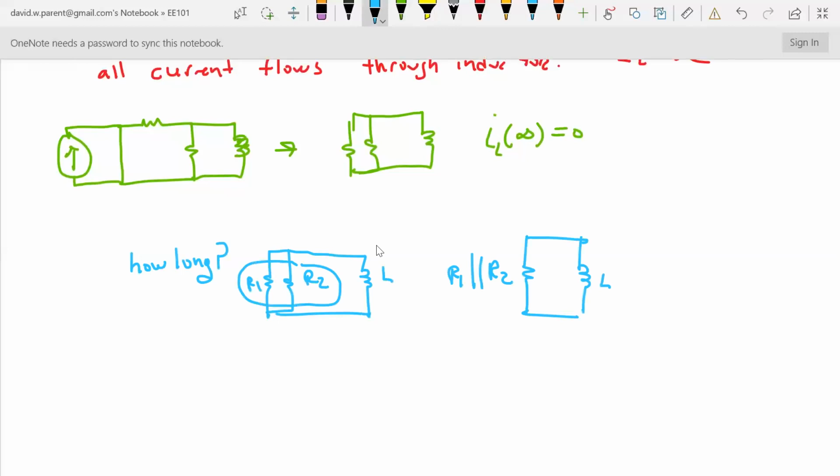Well, if I didn't tell you it was R1 in parallel with R2, you would have just said e to the minus t R divided by L. Well, it's R effective now, right?